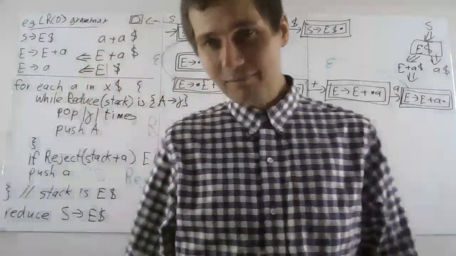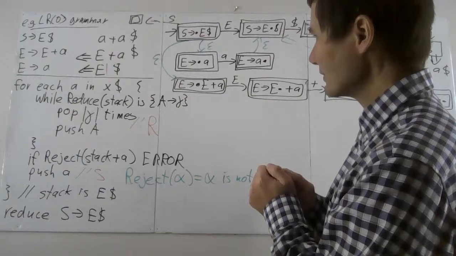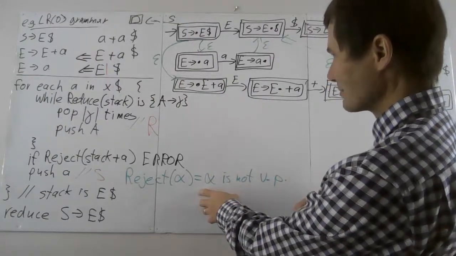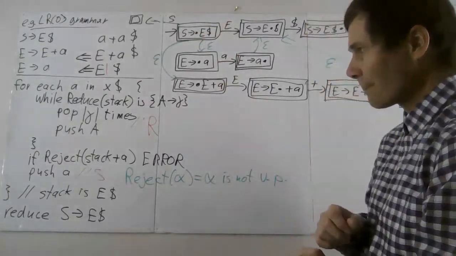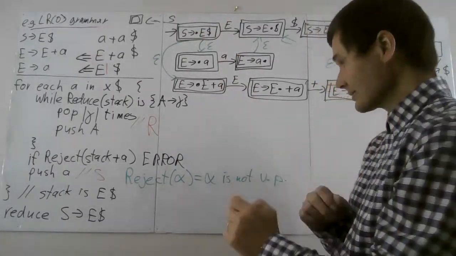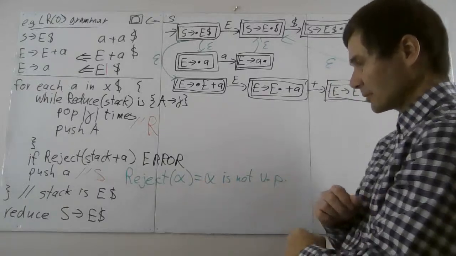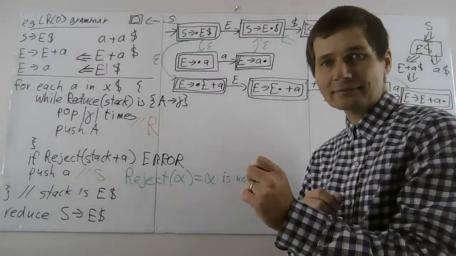I didn't erase this part. I erased the other green part of what reduce was going to be. But the point is, we're asking, is alpha a viable prefix? And alpha is the new stack.